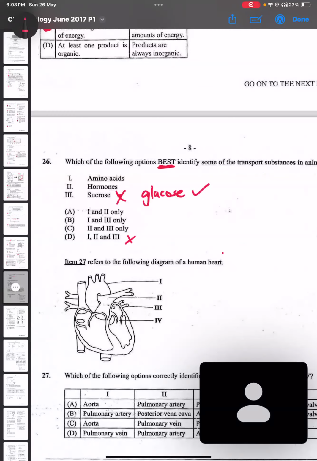So our answer here in animals is A, amino acids and hormones. If they had asked for plants, you could say 1, 2, and 3. But in animals, we don't transport sucrose. And even in plants, they don't transport sucrose. They change glucose into starch and transport it, I believe. I don't remember correctly, but I think that's what it is. But in humans, we don't transport sucrose.